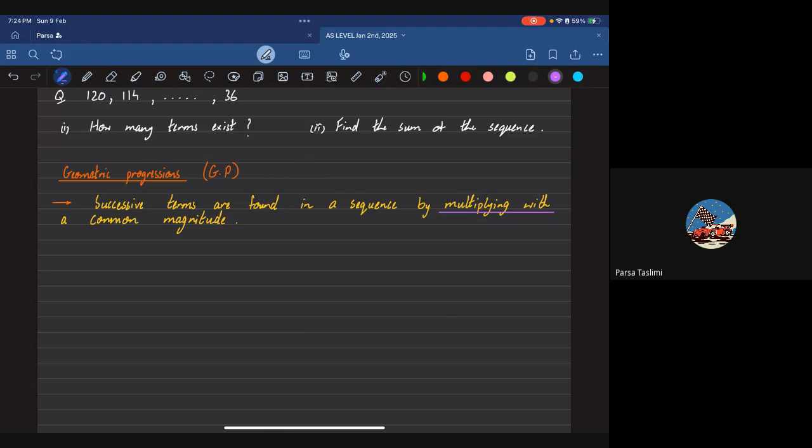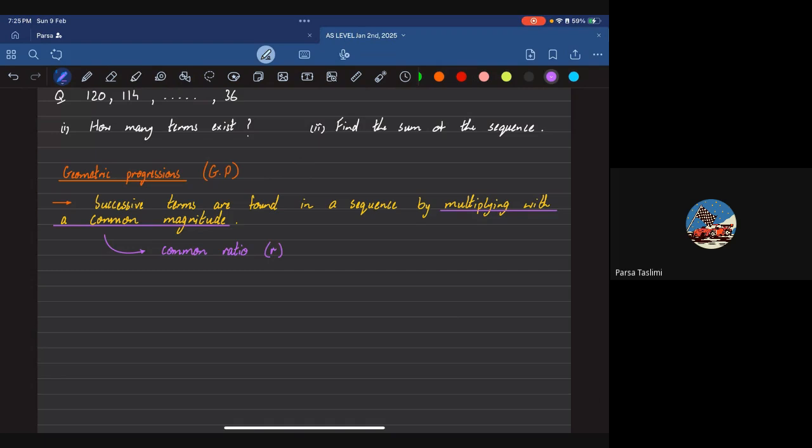Now, because you're multiplying with it, and it's going to remain throughout the course of your progression, this is now going to be known as your common ratio, denoted by a lowercase r.